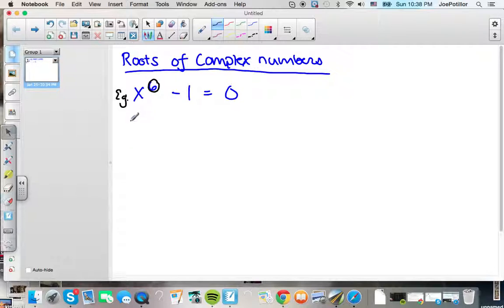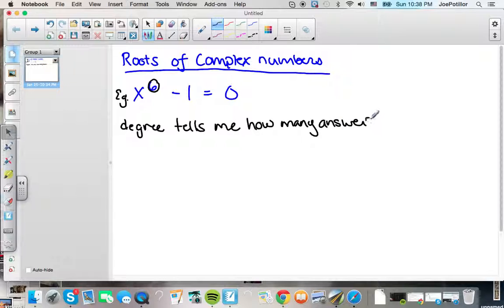So the 6, or the degree, that's a fancy word, the degree tells me how many answers there are. So in this case, the degree is 6, so there are 6 answers to this equation.